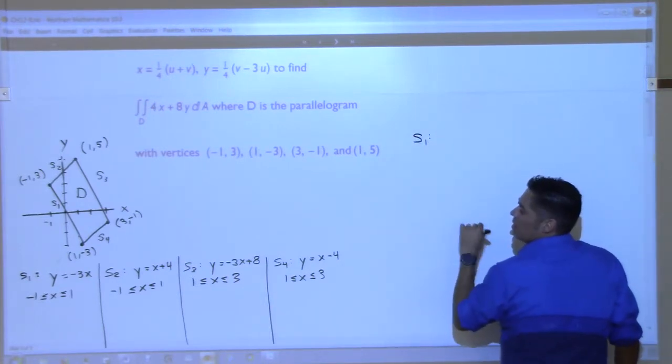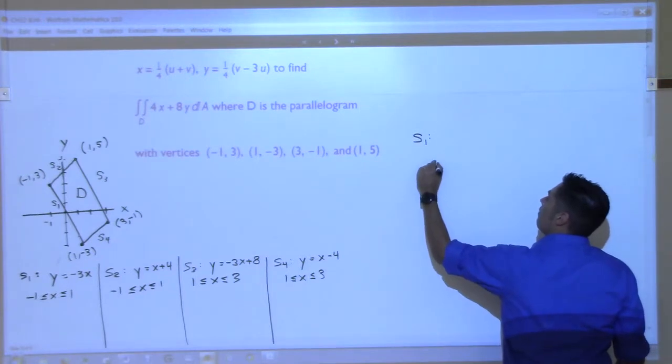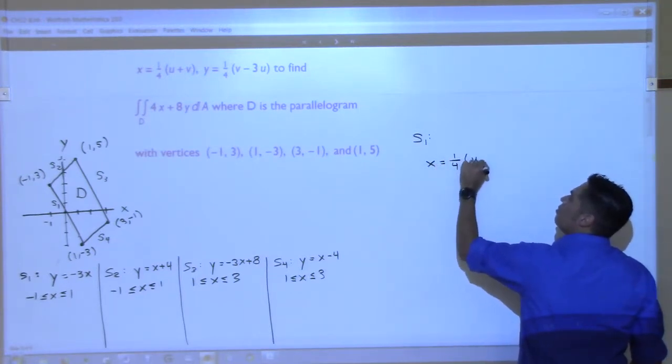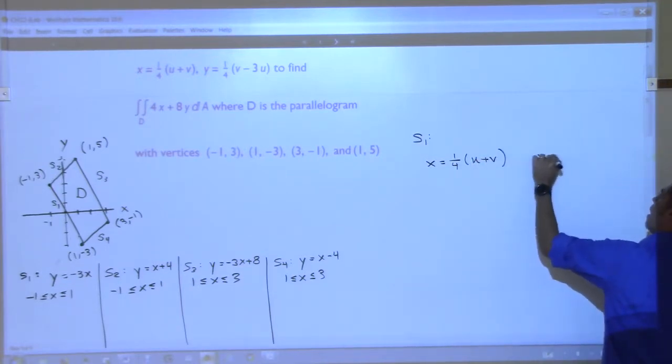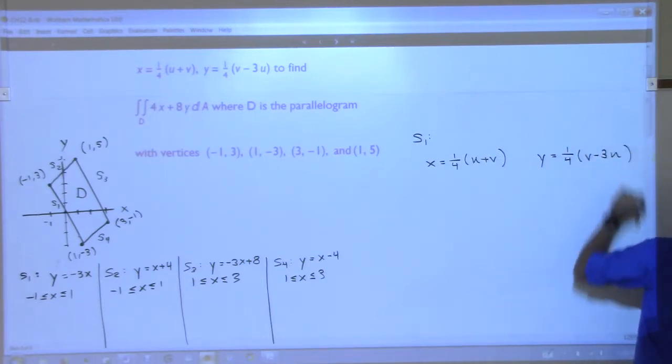S1, I'm going to write down these equations. I have x is equal to 1/4 u plus v. That's one transformation. The other transformation is y is 1/4 of v minus 3u. Right?